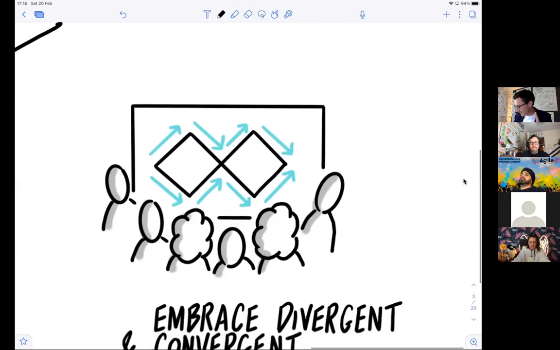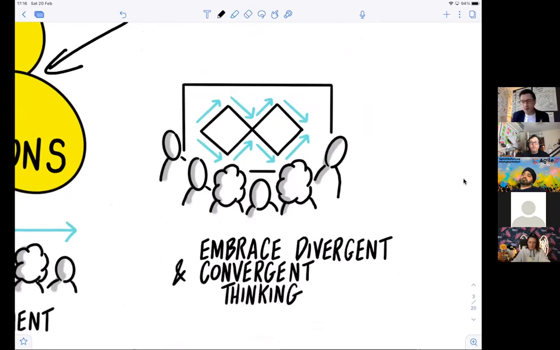And then finally, embracing divergent and convergent thinking. Now, if any of you have seen any of the talks that I did last year, it was more on visual thinking and product innovation. But if we think about agility and all of the events that are core to Scrum, or any of those practices that you may love or hate, all of those practices are really trying to embed divergent thinking, diversity of thought.